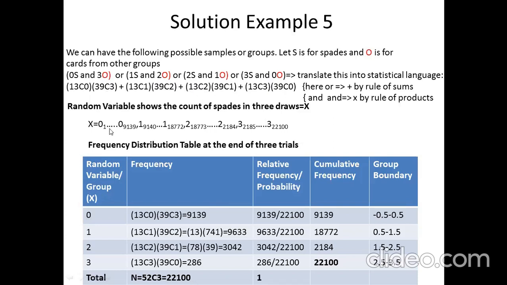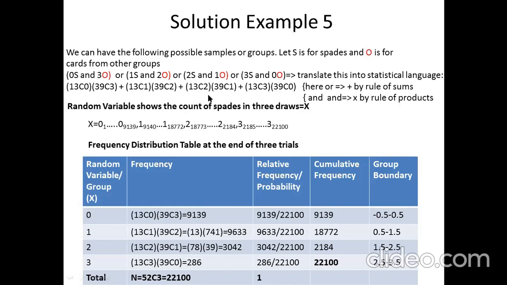So this means that there are 9139 zeros present in x. Then how many ones are there, which equals 13C1 into 39C2, that is 9633. So after 9139 zeros, we have 9633 ones, right? And this would be obvious when we look into the frequency distribution table.